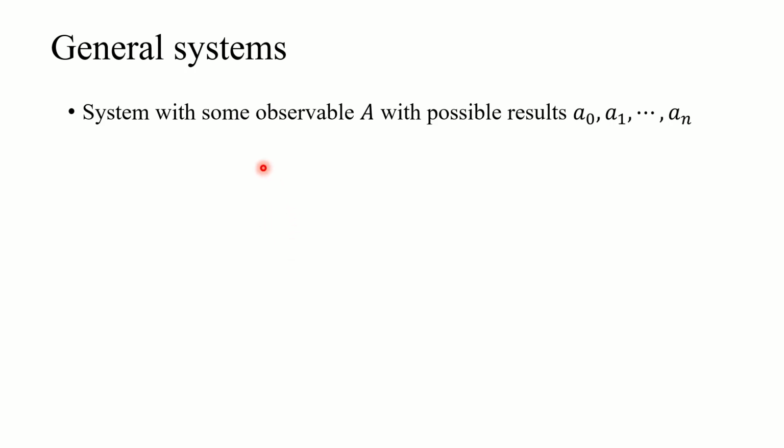So if we map this to more general systems, not just our spin 1/2 systems, we have a quantum mechanical system with some observable, we'll call it A, and the results of measuring that observable are quantized into a number of possible results. Call them A0, A1, A2, A3, all the way up to A sub n.